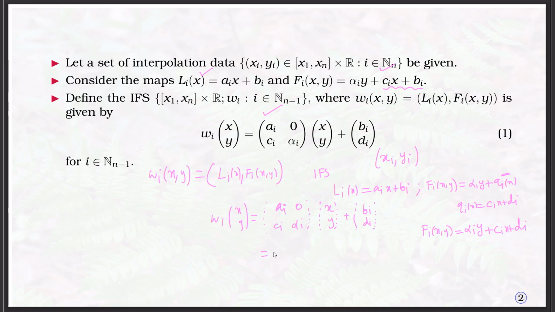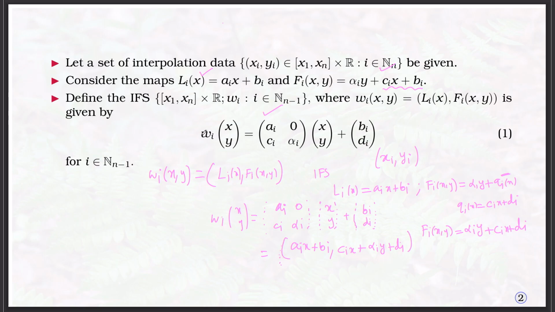Now, this is nothing but, we can write in the matrix form. One can get ai x plus bi comma ci x plus alpha i times y plus di.